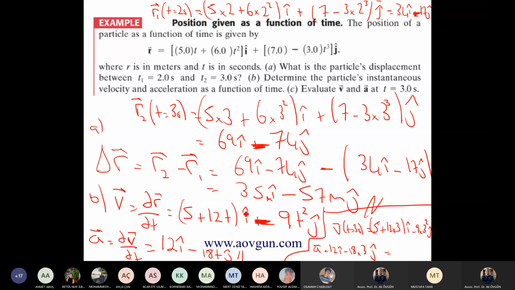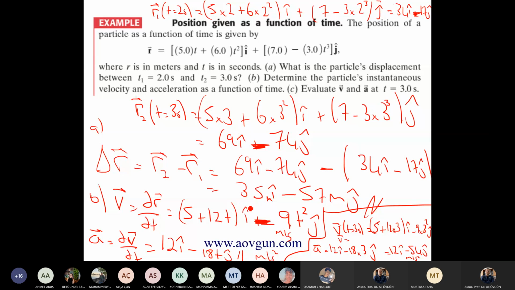When you calculate them, a is 12 i hat minus 54 j hat, and the unit is meter per second squared. Okay, for acceleration the unit is meter per second squared, but for velocity it is meter per second.